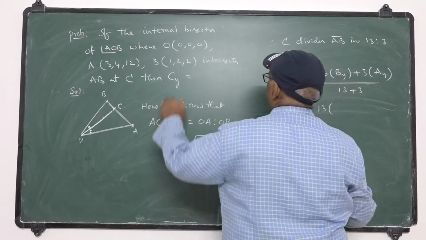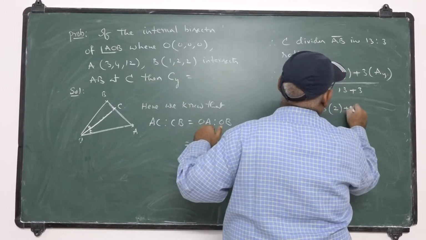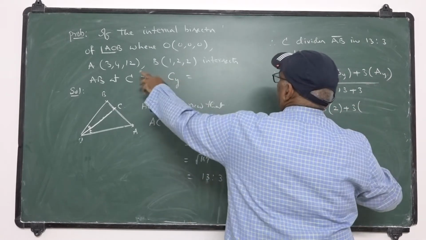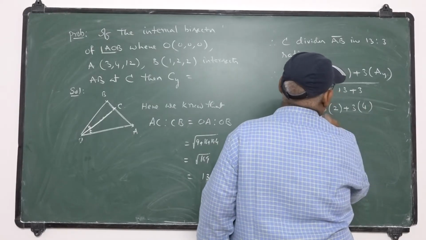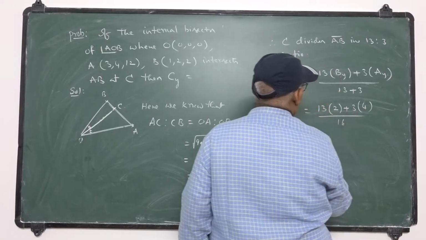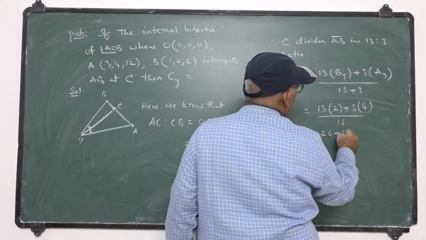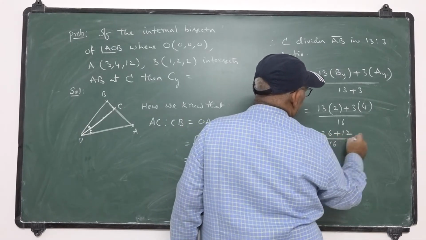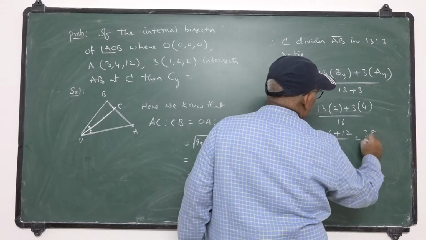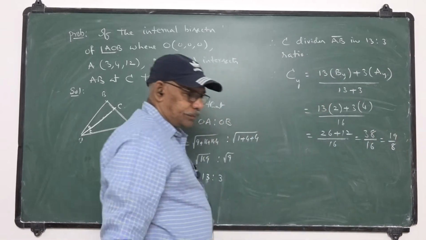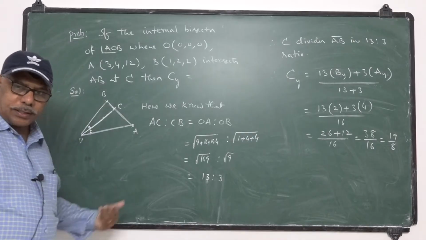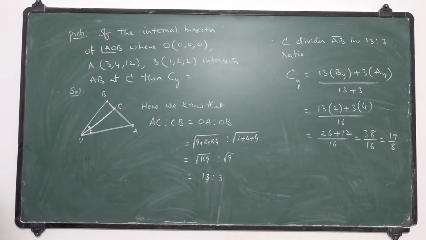That is 13 into 2, here 3 into ay, where ay is 4, the y coordinate of A, by 16. That is (26 plus 12) by 16, 38 by 16, 19 by 8. Similarly, you can find the x coordinate and z coordinate also.